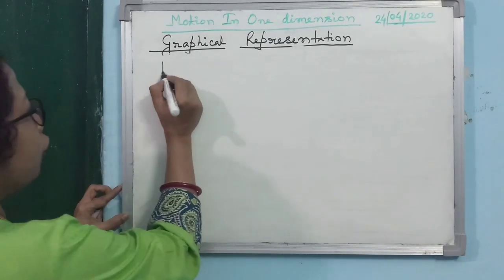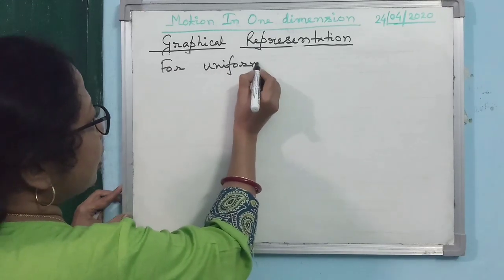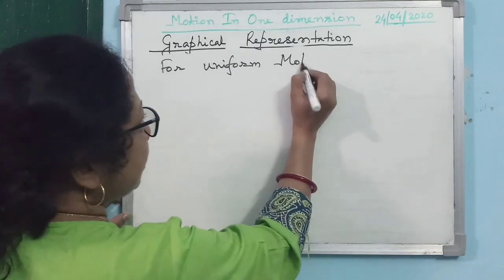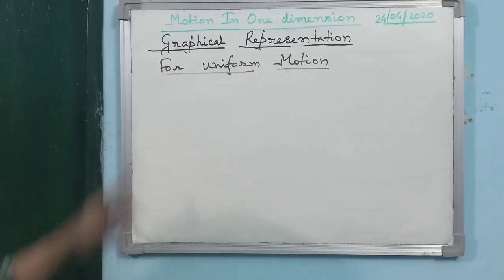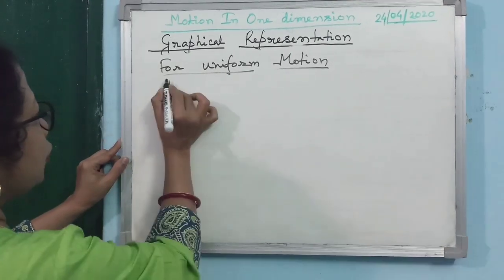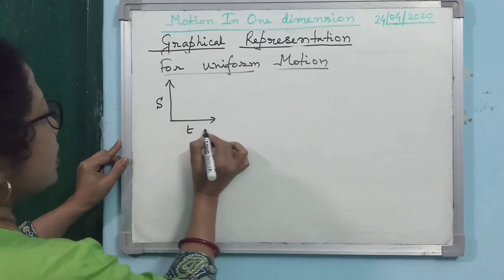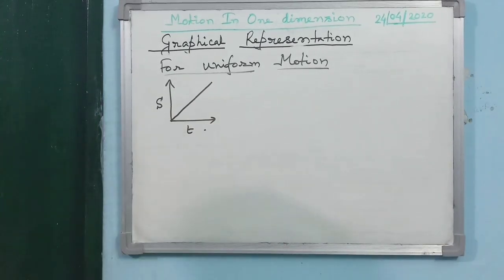For uniform motion, this is a very important and frequently asked question. If it is asked to draw the s-t graph for uniform motion, what will be its nature? I hope you can remember. The s-t graph will be a straight line passing through the origin. Is that clear?